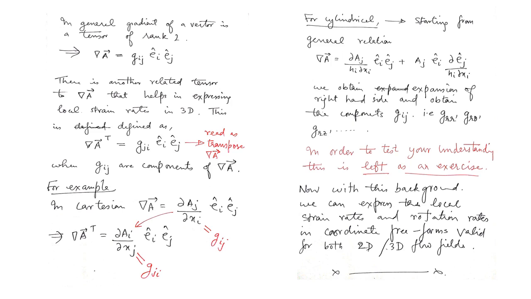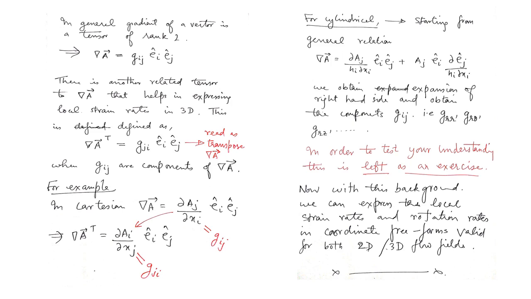Now all those can be put under one roof and umbrella, or in a general coordinate system in 3D. If I define another gradient of a vector, so the gradient of a vector gij is already there, gij ei cap and ej cap.